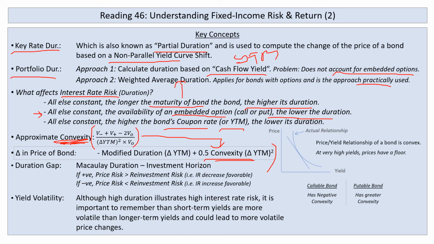This is the core concept. Again, this is the concept which is important. However, calculations are honestly a lot more important. So this is where you do have to really be able to apply this knowledge in calculating changes in price and calculating convexity.